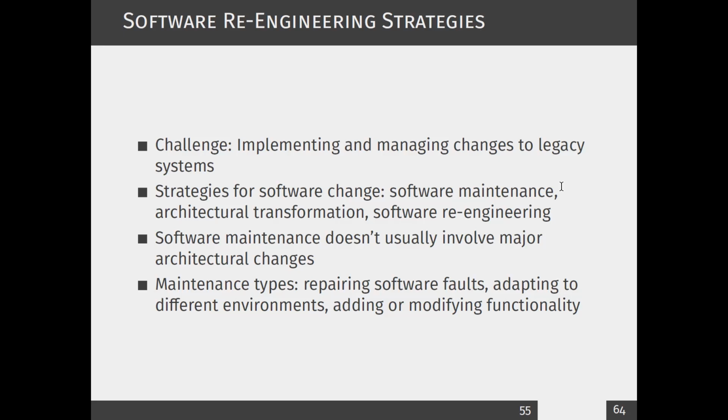Software maintenance doesn't usually involve major architectural changes, so we don't consider it reengineering. Then we have maintenance types: adapting software code to a different environment, and adding or modifying functions. So those are like software maintenance.